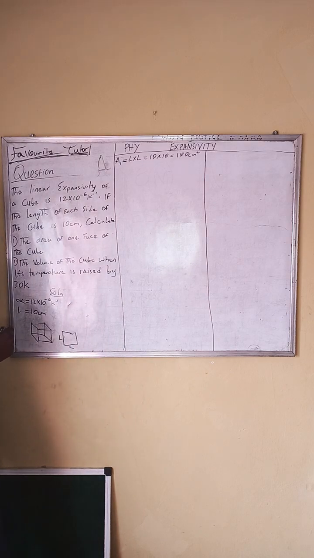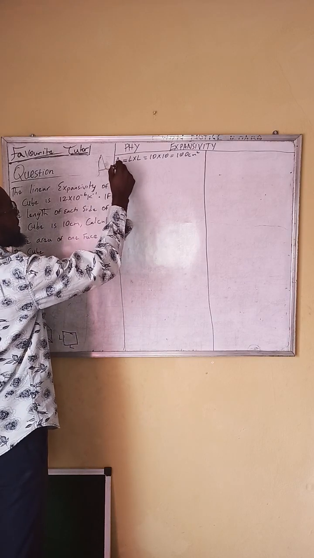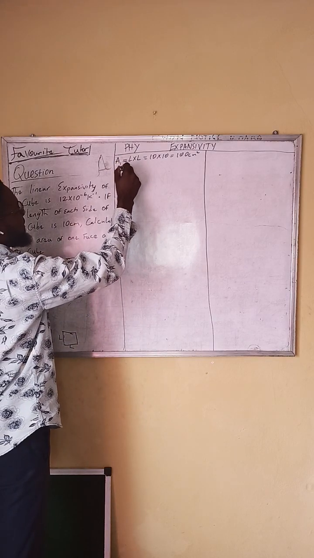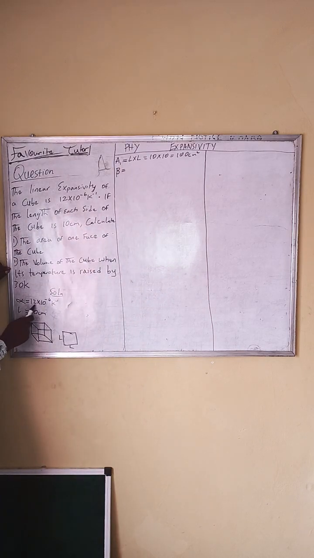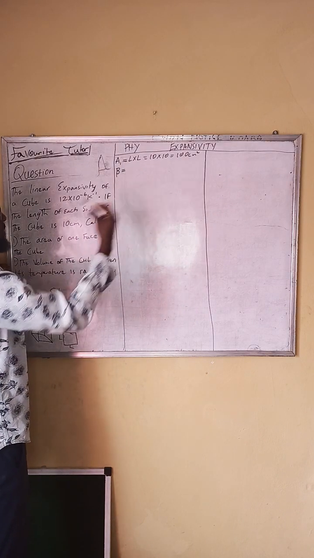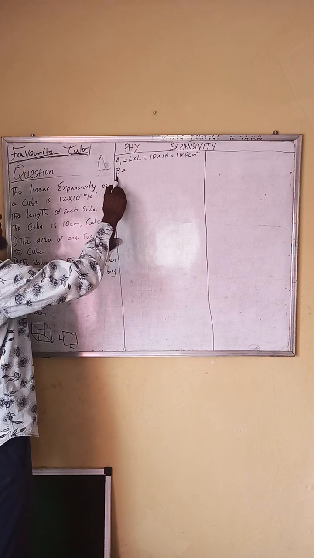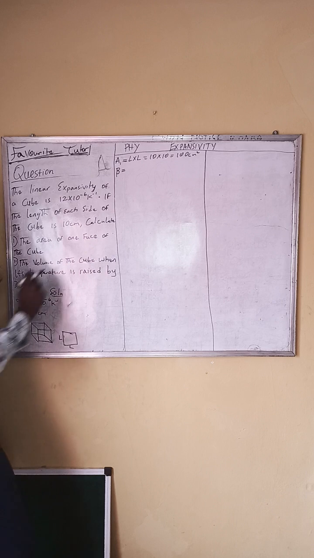Okay, and also we are going to look for the area expansivity. Right here we are given the linear expansivity, and since this has to do with an increase in area, we also need to get the area expansivity. We are not given the area expansivity, but we are given the linear expansivity.